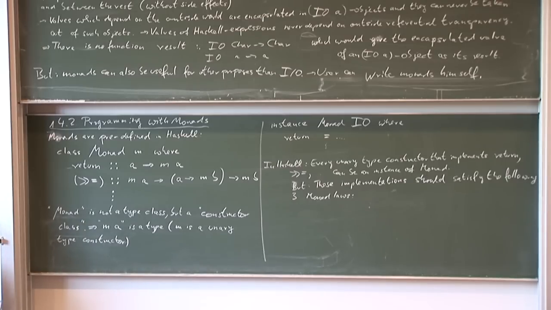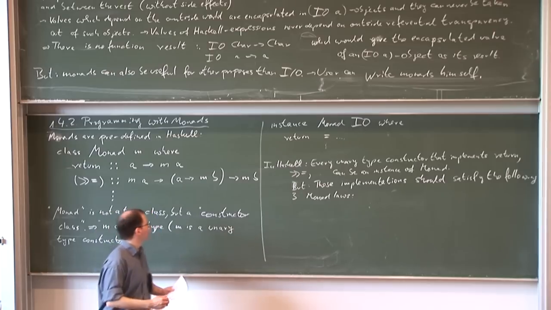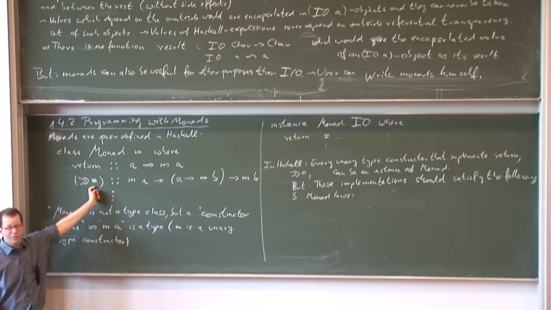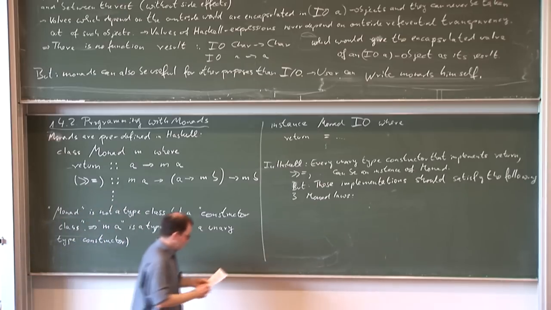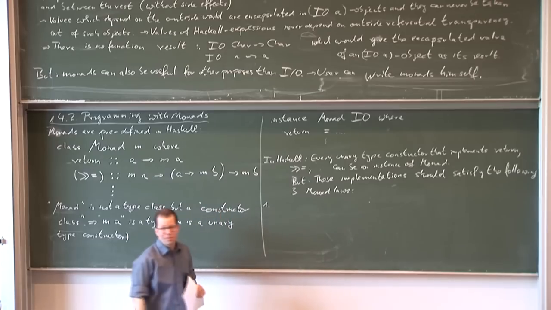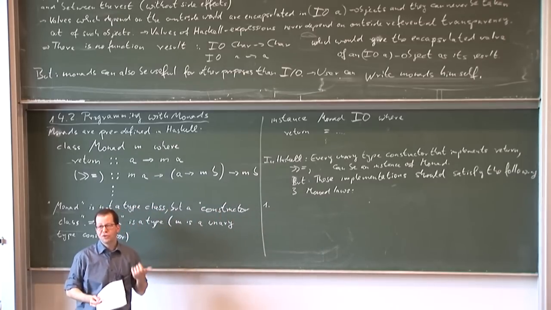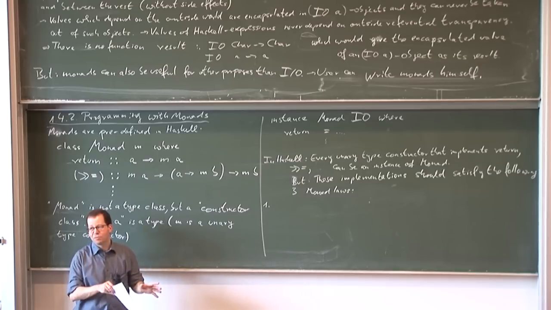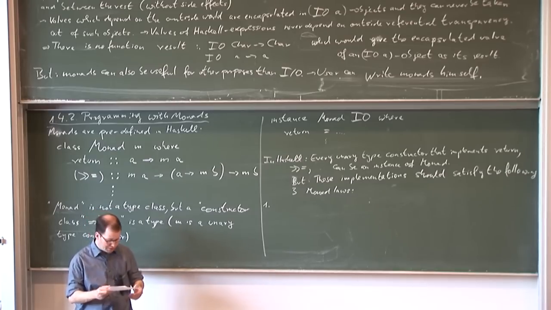In reality, only if this is satisfied, you would call it a monad. Haskell does not check it. You can still call it a monad, even if your return implementation and your bind implementation do something completely strange. But you should try to satisfy these three laws. So the three laws simply say return does nothing, and bind combines monad objects. This is what is expressed here.